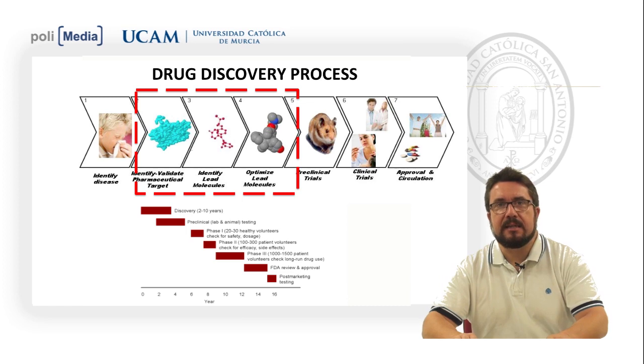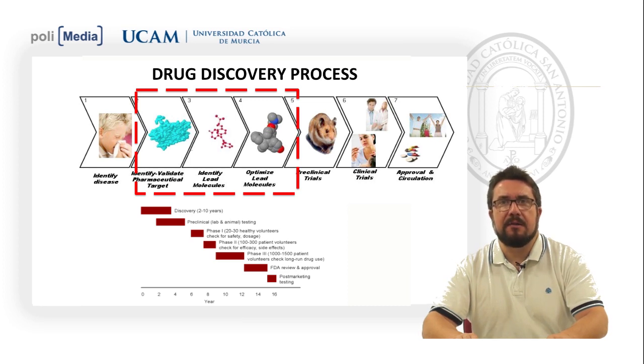Okay? Since a disease is identified until a drug is released in the market, there are many stages that need to be investigated in order to evolve to a bioactive compound, a drug, and so on.